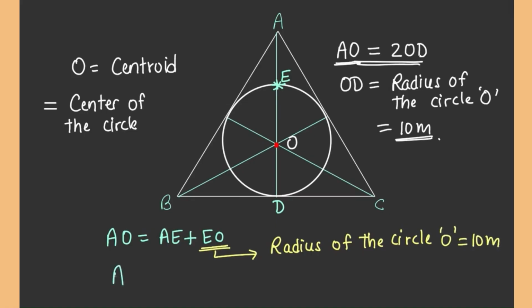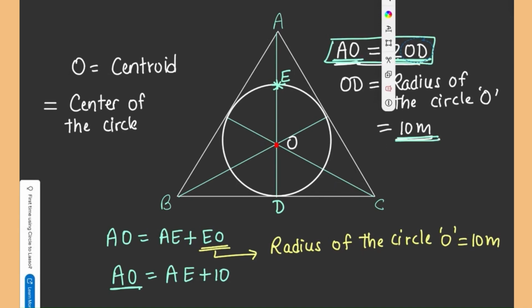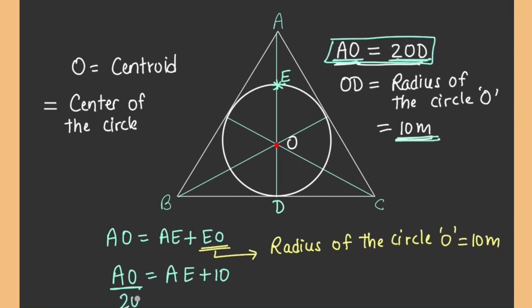So that gives us AO equals AE plus 10. Now what is AO equal to? AO is equal to 2 times OD over here, and OD we know is equal to 10 meters. So AO is 2 times 10, which is 20 meters. So 20 equals AE plus 10. From here, AE is equal to 10 meters.